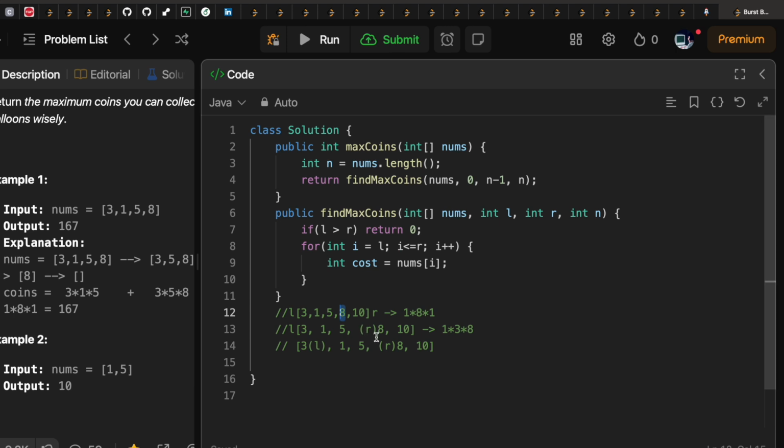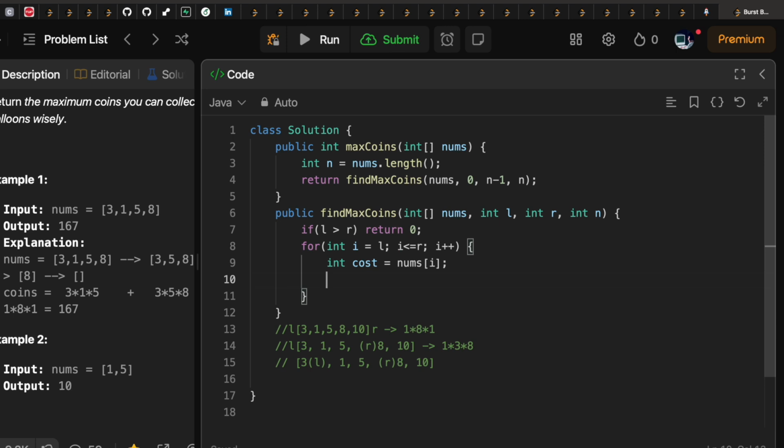And after that, we know that we are bursting 8 at the last, so for the elements which are present on the left of the 8, 8 will be their right, and for elements which are present on the right of 8, 8 will be their left.